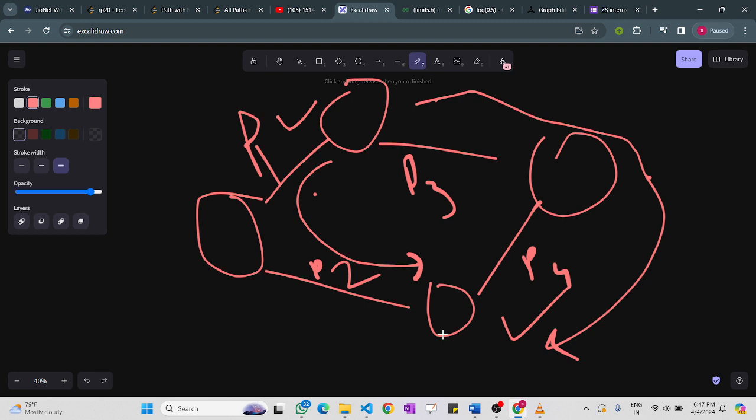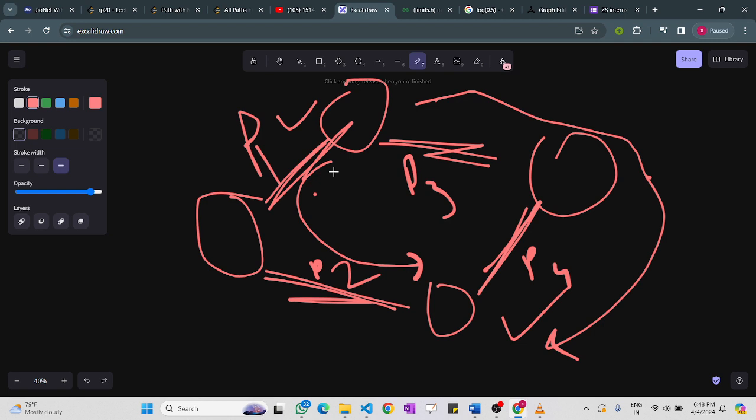Then what we have to do is calculate the maximum probability of the paths. If P1 is the probability of this edge, P2 of this edge, P3 of this edge, and P4 of this edge, then in order to reach from source to destination there are two paths possible.